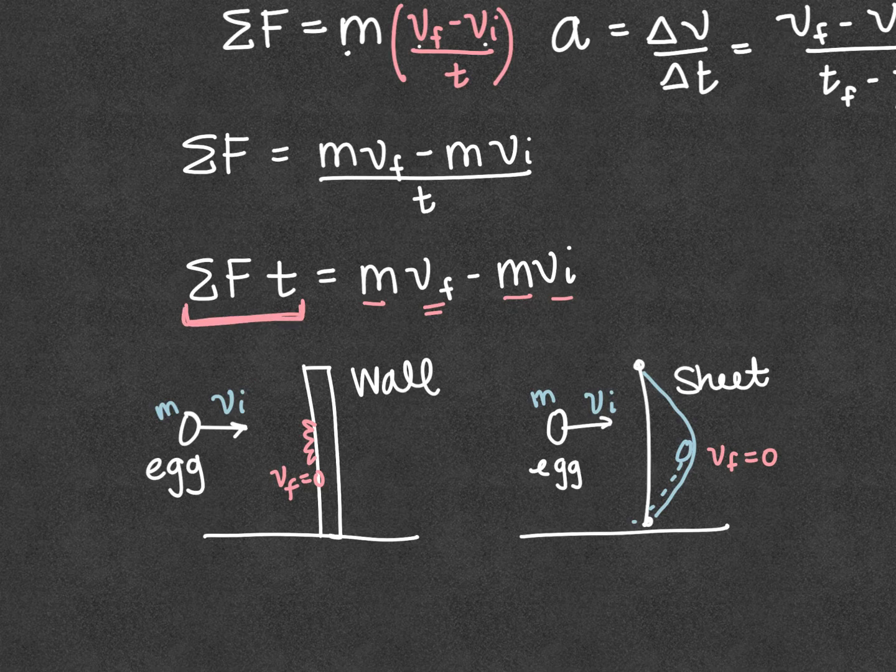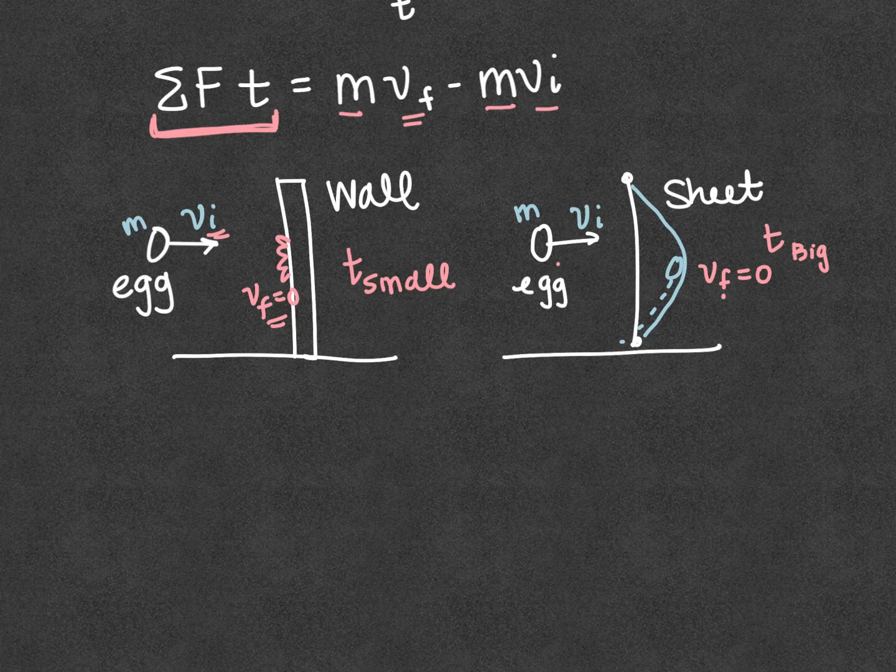So the time that the egg went from moving to not moving was a very short amount of time when it hit the wall. So we had a time that was very small. But over here, the time that the egg had to slow down was much bigger. I'm going to call it T big over here because the sheet moved with the egg.